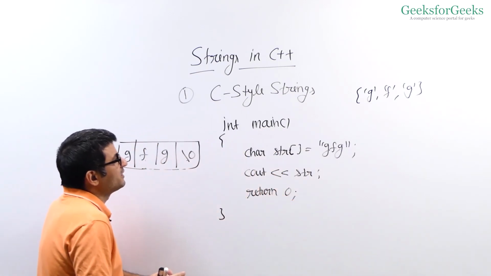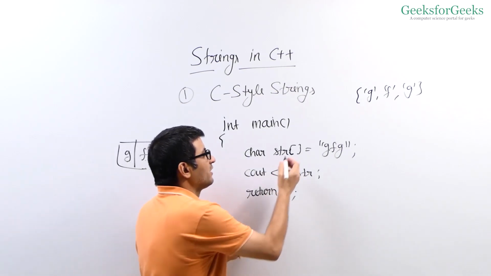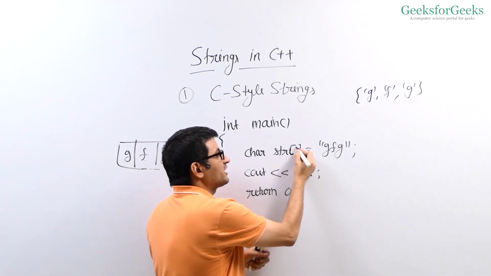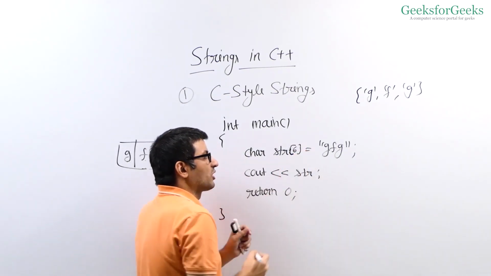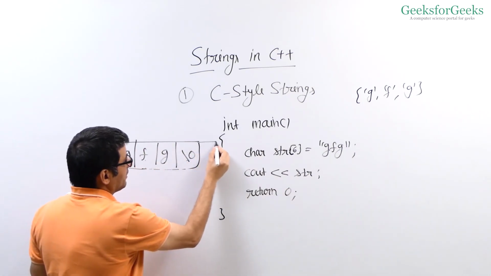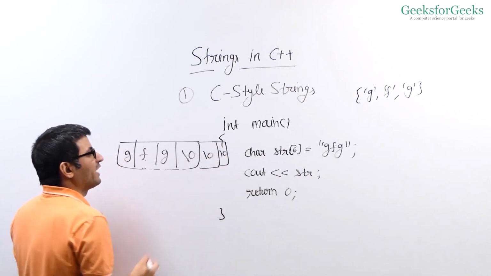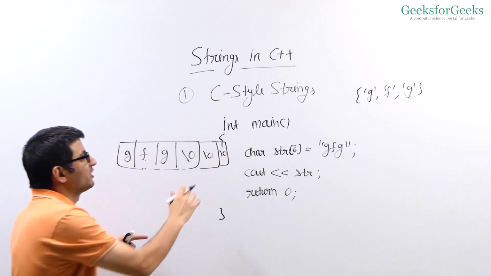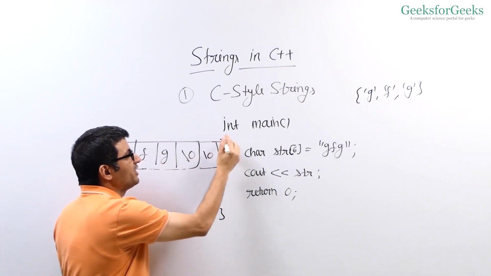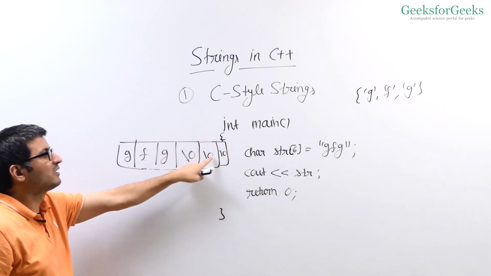Now, what happens if I give more size here? If I give size 6 here, then what will be the memory allocation? It will be 2 more cells with \0. This effect is the same as with integer arrays. If you initialize some elements, then the rest of the elements are zeros.